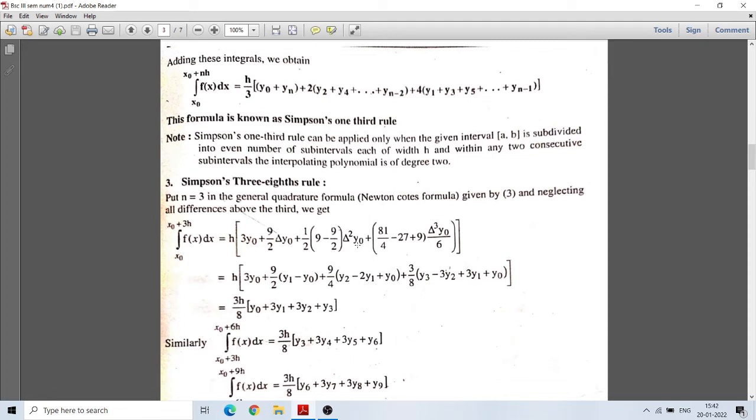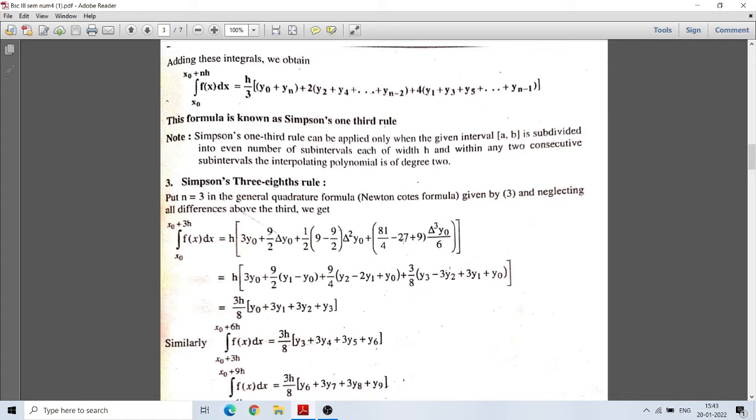This is delta square y0. Delta square y0 is written as delta of delta y0. The delta y0 value we already know is y1 minus y0. Then apply delta y1 minus delta y0, and simplified you get y2 minus 2y1 plus y0.